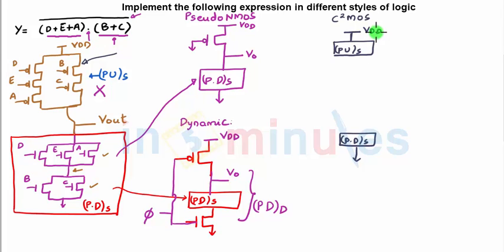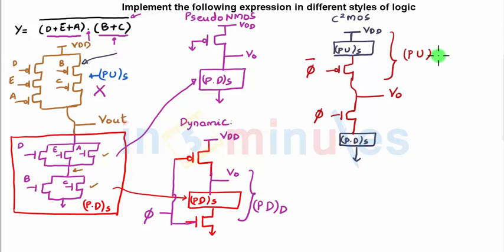Same is the case with ground. Here with the pull-up, additionally there will be another PMOS, and with the pull-down there will be an additional NMOS where this is phi and this is phi bar, and both of them are connected closer to the output. That means the output is taken in between these two additional transistors, and now this becomes my pull-up for my C²MOS logic, and this becomes my pull-down for my C²MOS logic circuit.